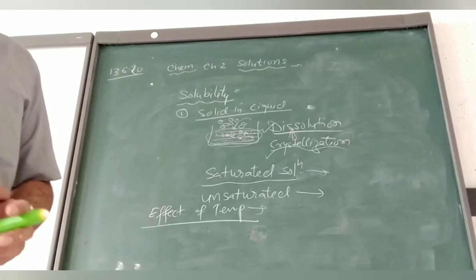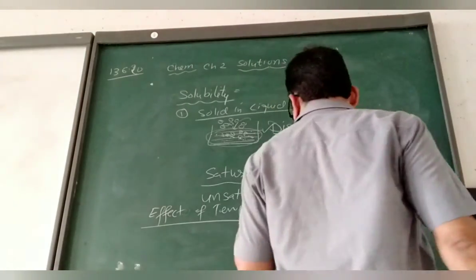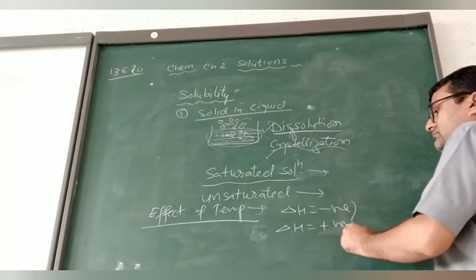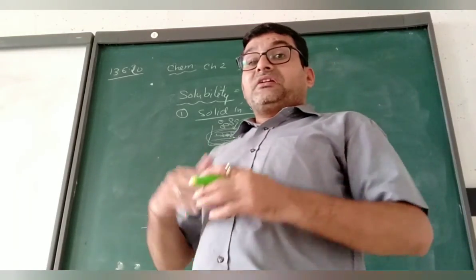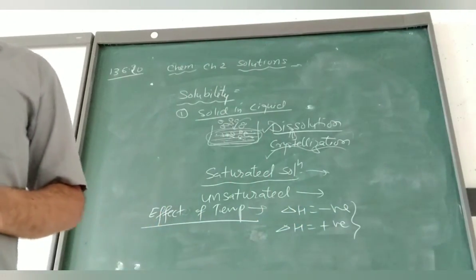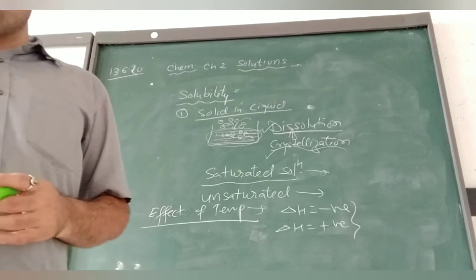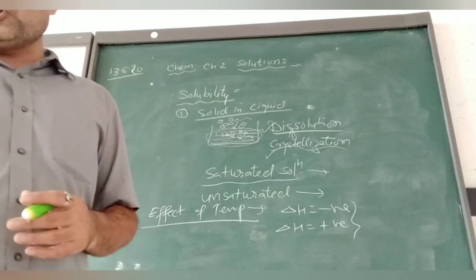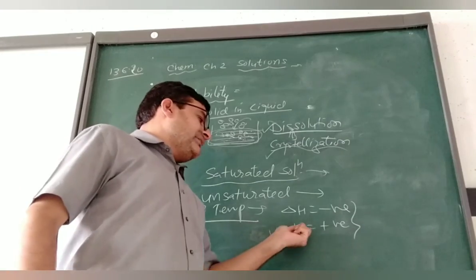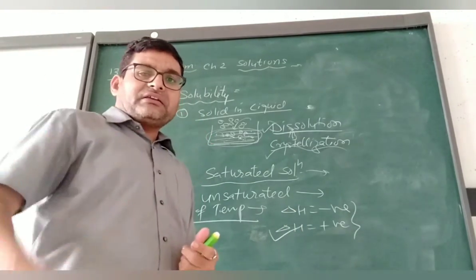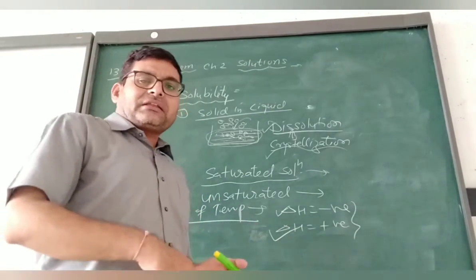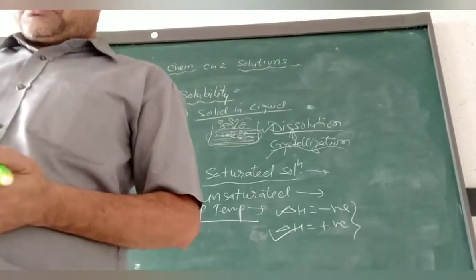So in this type of solution, we need to see the type of reaction, whether it is exothermic or endothermic. If the dissolution process is endothermic, then by heating, the solubility will increase. And if the process is exothermic, heat being evolved, then increasing the temperature will decrease the solubility, right?